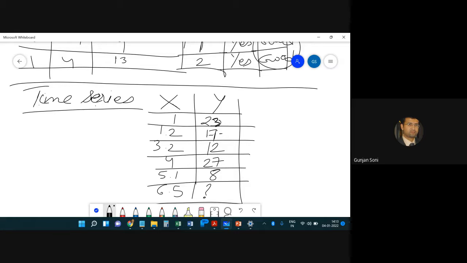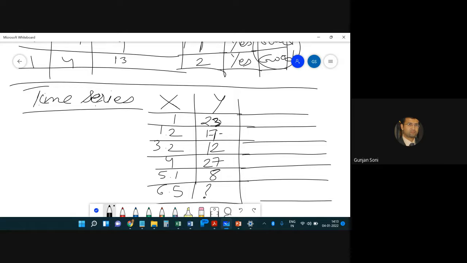KNN. Just like in the previous one, what we do here is find the distance. It is up to you whether you want to find the distance using the square formula, or just find the absolute value of the distance by subtracting. It depends on the situation.